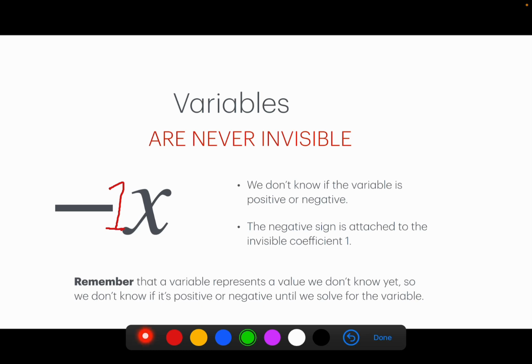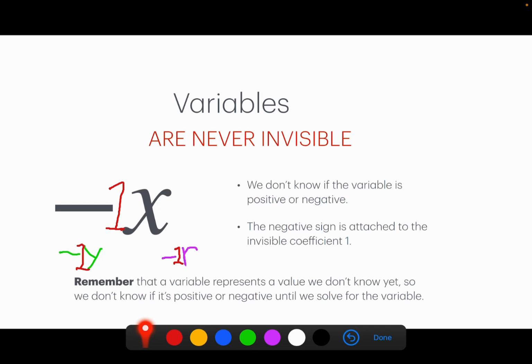Another example, negative y. Negative y has an invisible 1 right there. Negative r, again, has an invisible 1 right here. So variables, we don't know if the variables are positive or negative until we solve for them.